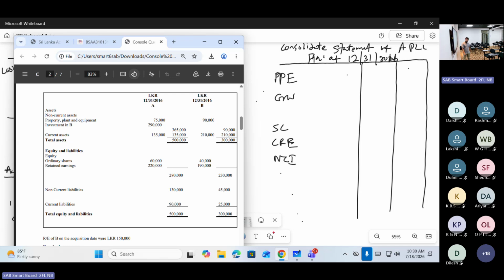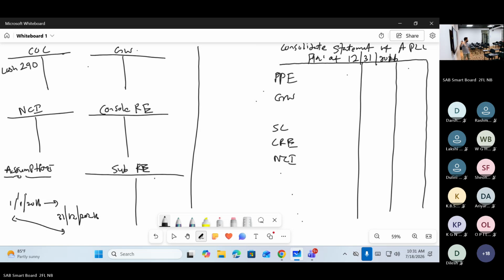Parent retained earnings are 220. We need to add these two amounts. The consolidated earnings are 220 at the year end, and the subsidiary earnings are 190. Parent and subsidiary both retained earnings are brought down.